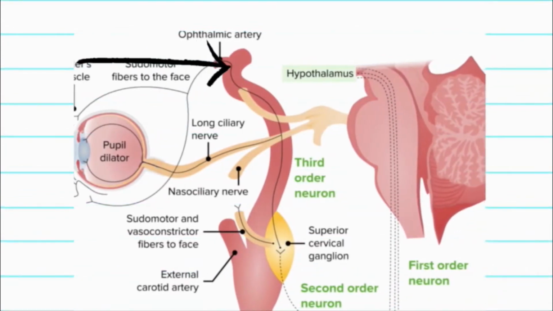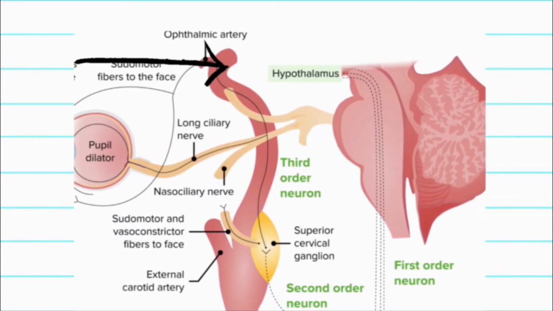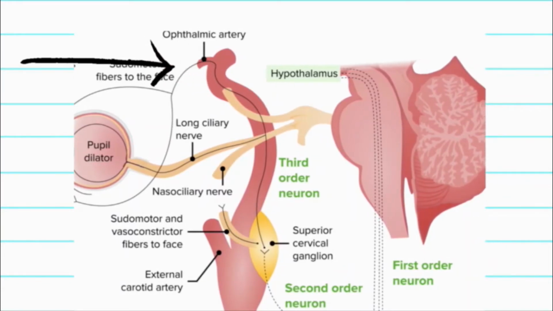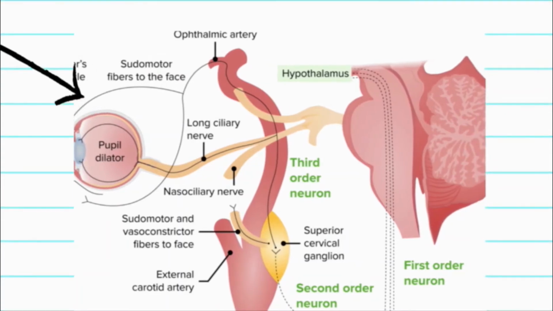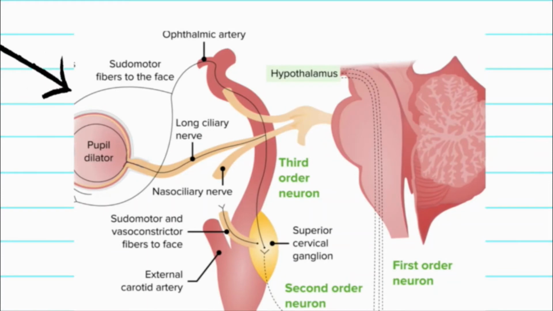The postganglionic fibers then pass through the internal carotid artery to the cavernous sinus through the superior orbital fissure to join the ophthalmic division of cranial nerve 5, which is the trigeminal nerve. Then finally, they reach the dilator muscle. Wow, that was really long.